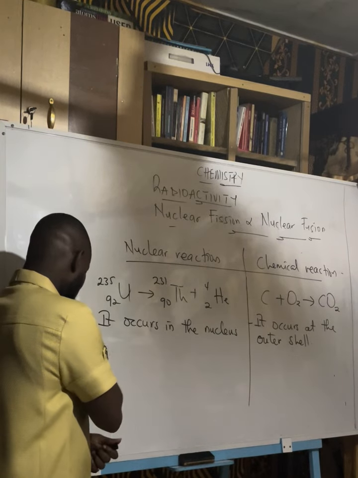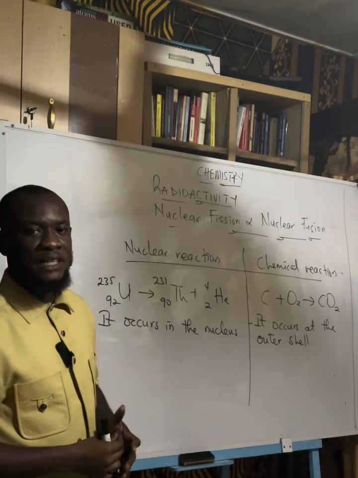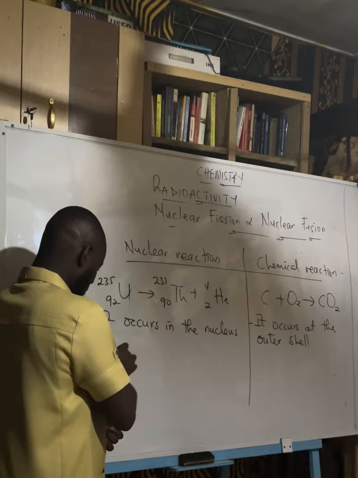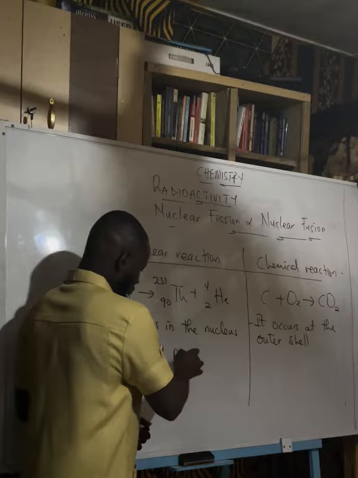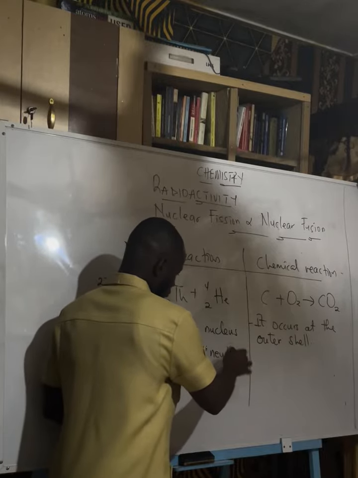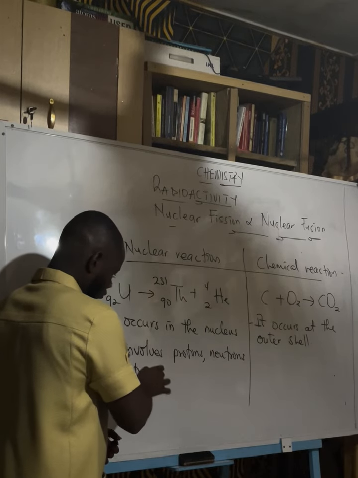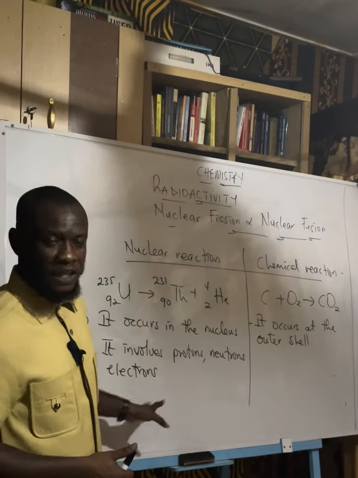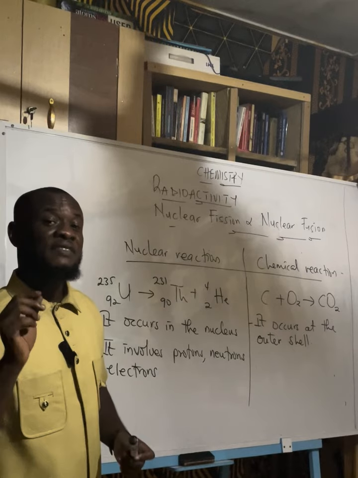So nuclear reactions involve the nucleus, with protons, neutrons, and electrons. But a chemical reaction only involves the valence electrons.